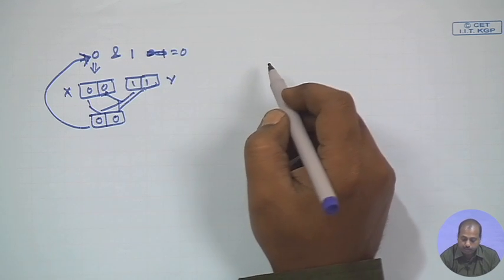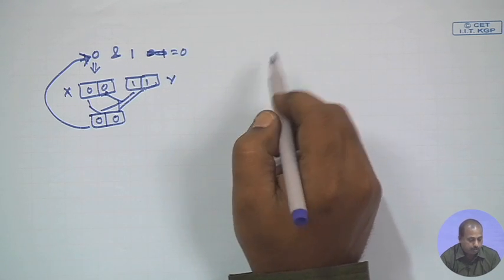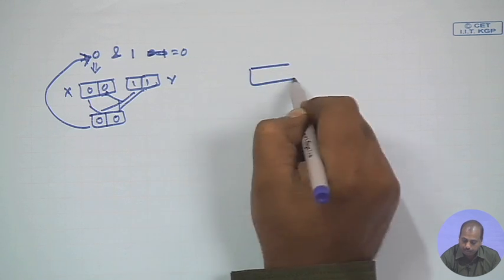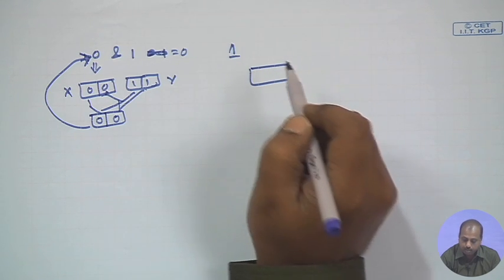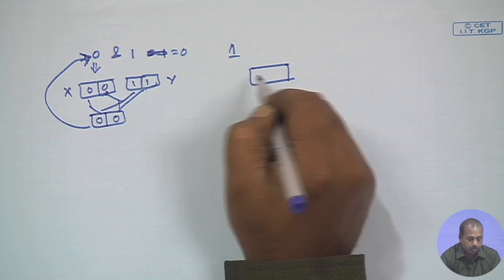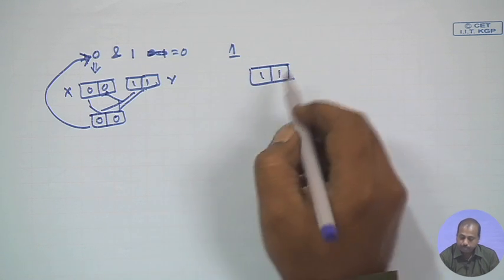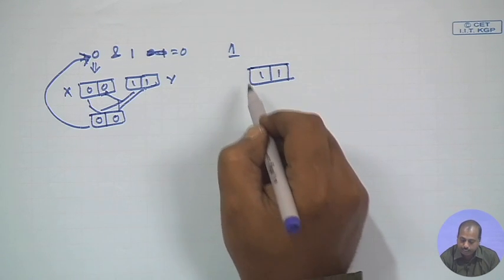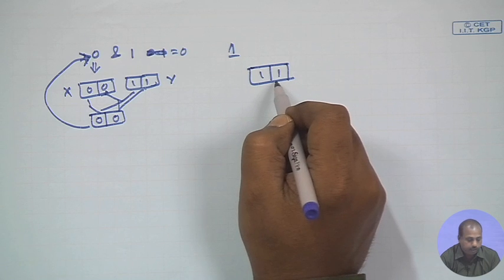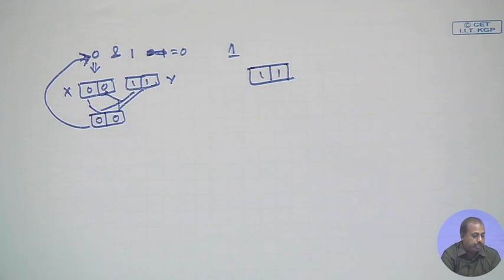But in the case of inversion, suppose I have the pattern 1, which is represented as 1 1. When I take an inversion, the rule says that C1 is NOT of A2 and C2 is NOT of A1.